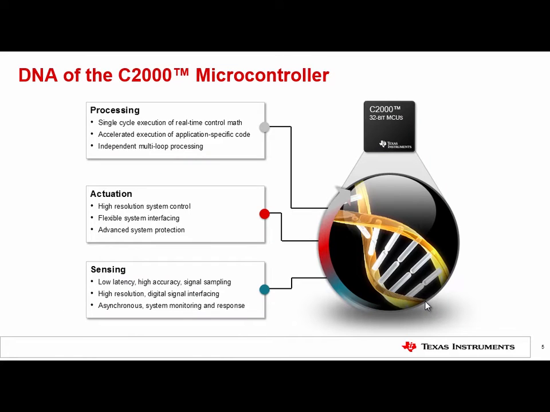If you look at the DNA of a C2000 microcontroller, there are three specific attributes which come together to make up the architecture of these solutions. We have the processing, actuation, and also sensing. In the processing attributes, there is a C28x CPU core, which enables single-cycle execution of math-specific control code.